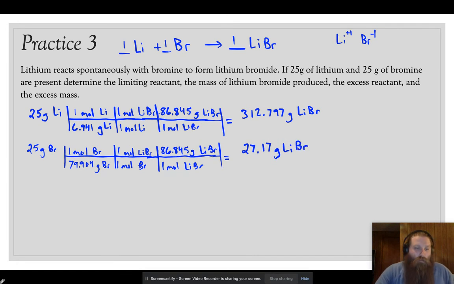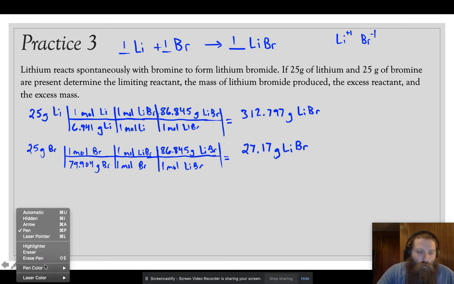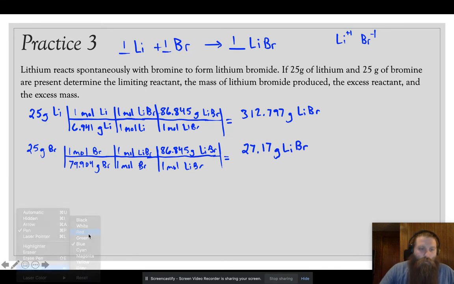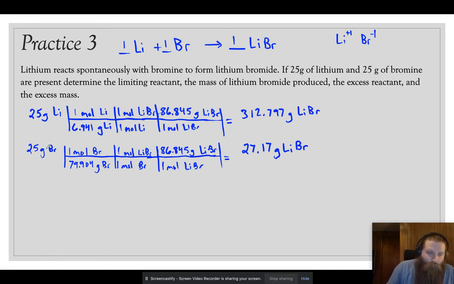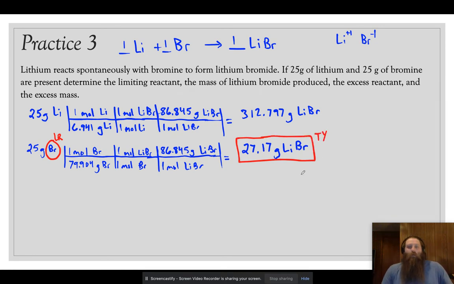All right, as usual, we're after the smaller of the two numbers, so we can say bromine is my limiting reactant, and my theoretical yield, right there, 27.17 grams of lithium bromide.